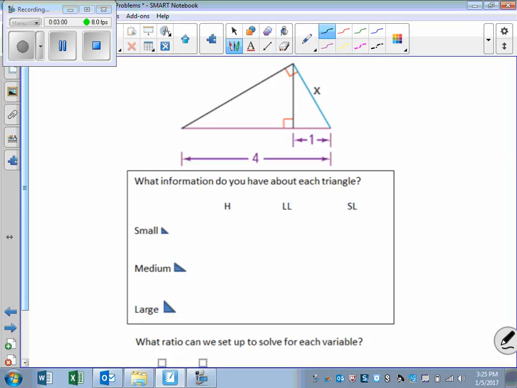Now, if you remember, the H, when we're talking about right triangles, especially means hypotenuse. Okay? Now, LL is going to be the large leg or long leg, however you remember. And then SL is going to be the small leg.